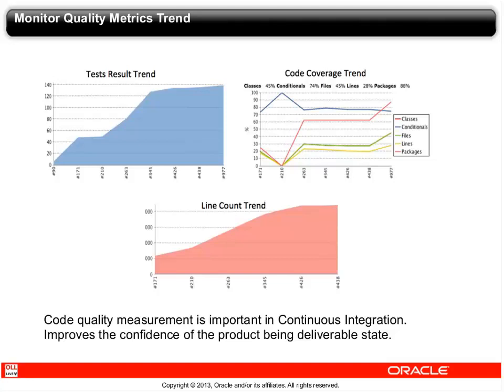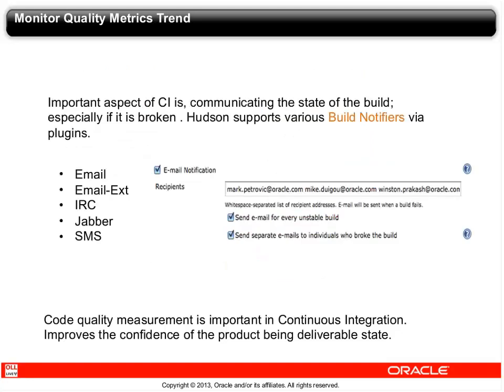So it's important that whenever the line count is going up, you also see that your test result trends are going up, and your coverage is also going up. The Hudson dashboard pretty much gives you an idea about the progress of your product. It's not just building the product, but you can use Hudson as an overall progress meter for your product.